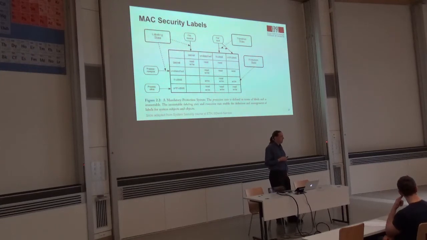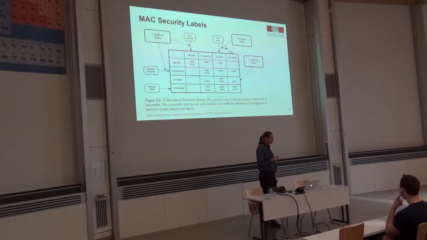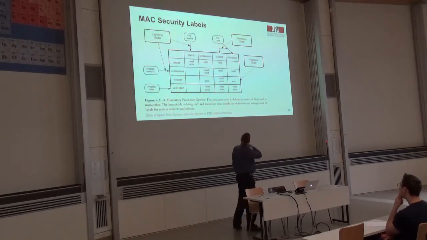Like the table seems to give the idea that, since we have secret, unclassified, trusted, and untrusted in the same headers, those are not orthogonal. Yeah, exactly. I wasn't going to get into the details of this table.